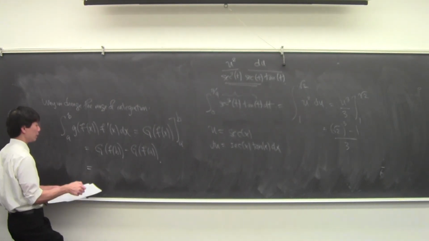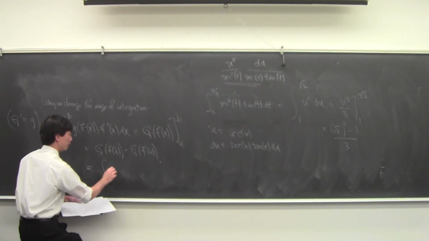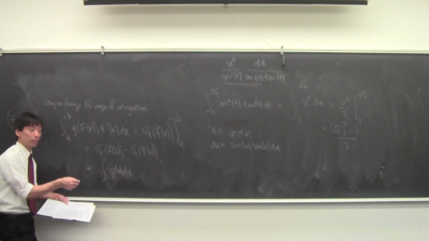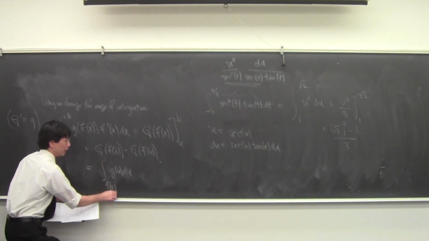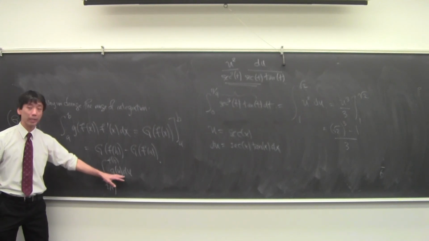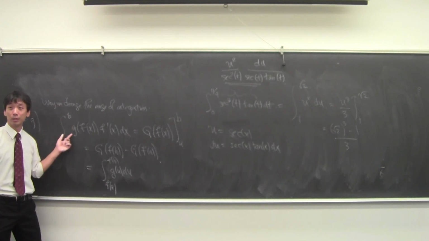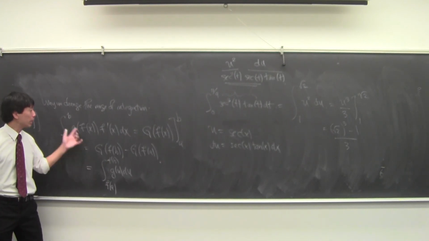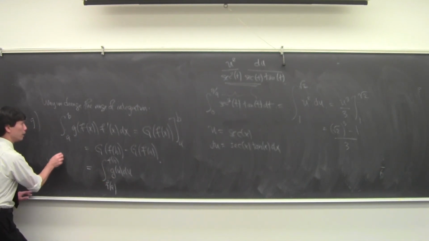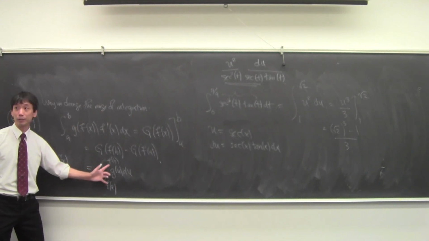So that's the same thing as the integral of little g of u du between what and what? f of A and f of B. We need to integrate this guy between f of A and f of B, not between A and B. So that's why when you switch to the u variable, where u is f of x, you have to adjust the range of integration.